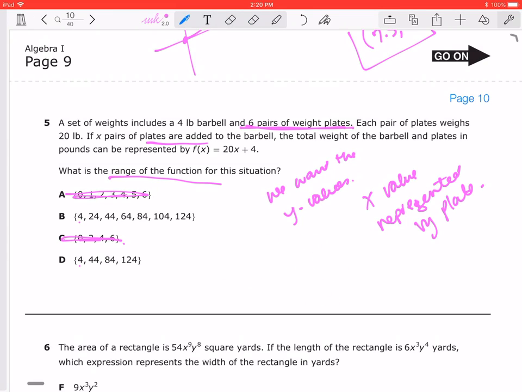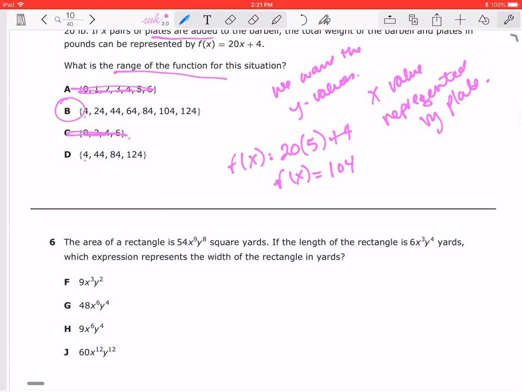Well, let's see what our value is if we have 5. So f of x is equal to 20 times 5 plus 4. That's going to give us 104, but let's check. 25 is 100, so f of x is going to be equal to 104. So our answer choice is going to be B in terms of talking about our range.